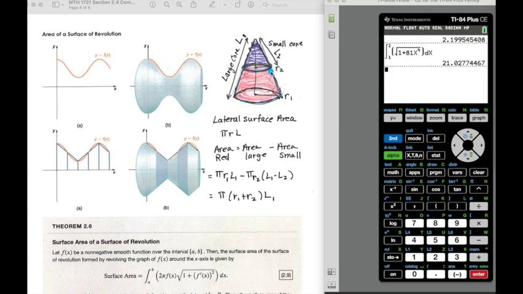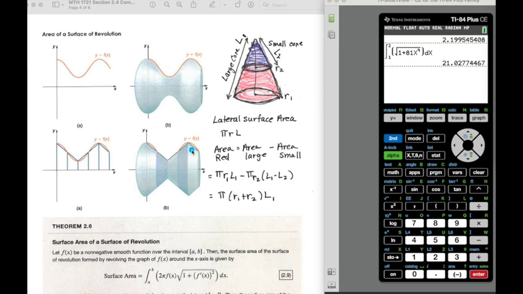And when I say lateral area, I mean to take the surface area but exclude the top and the bottom. We're just taking the surface area of the sides. And the formula for that is pi times r times L, where L is this distance from here to here. So we're going to use this cone to come up with a formula.